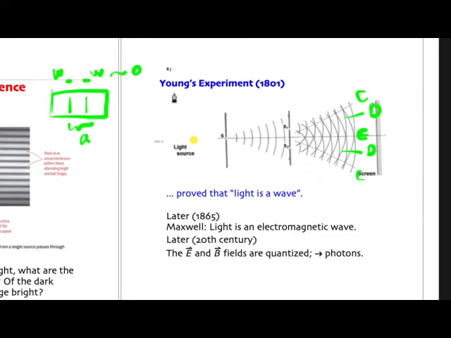The reason this experiment was so important was it really proved that light is a wave. There were two theories of the nature of light at the time of Thomas Young. One theory was that light consists of waves, and that was associated with the Danish physicist Huygens.